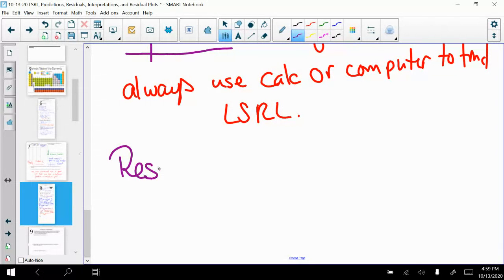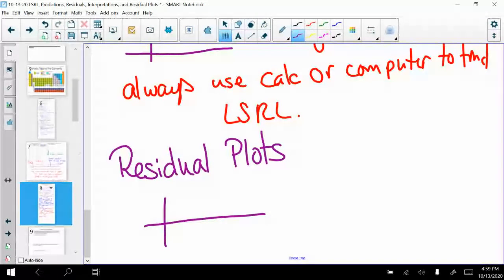The last thing I wanted to talk about were our residual plots. This was where we were getting to at the end of class. So residual plots are when we still graph our x variable on the x-axis, but on the y, we graph the residuals.